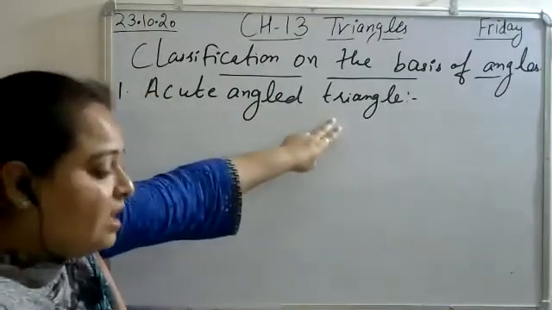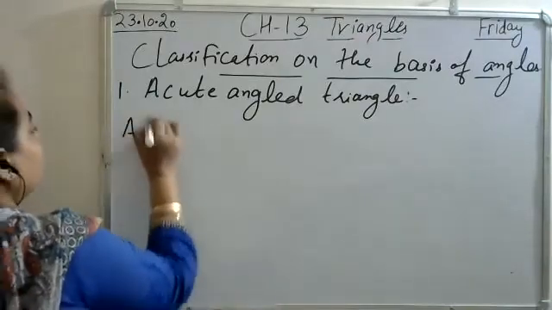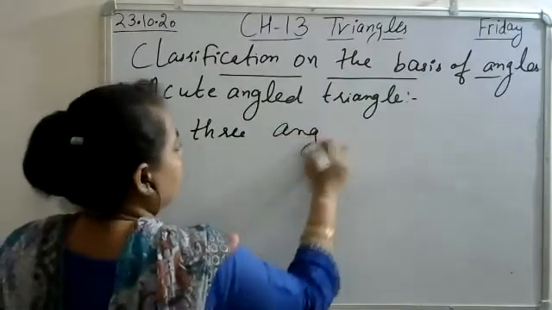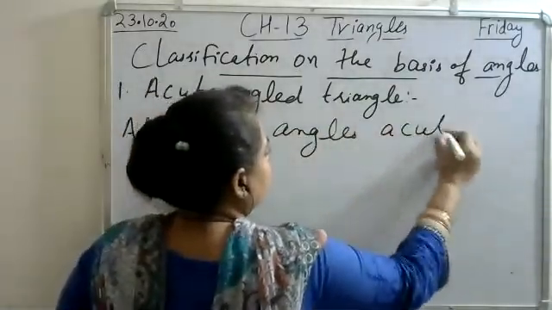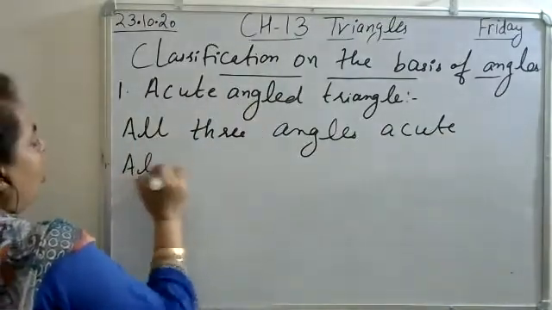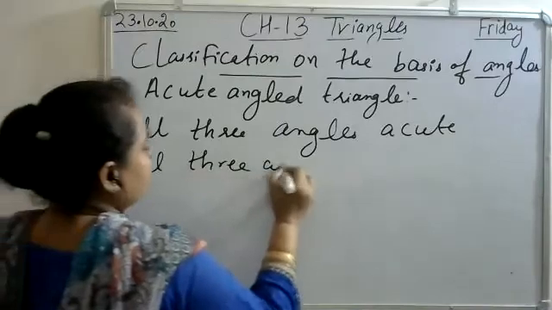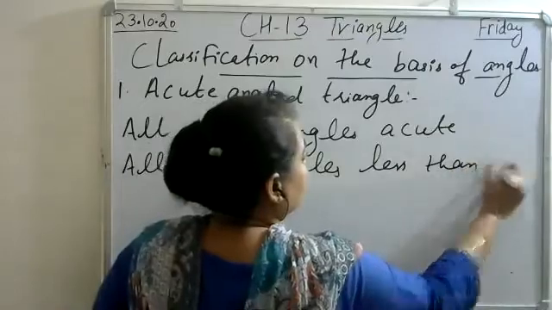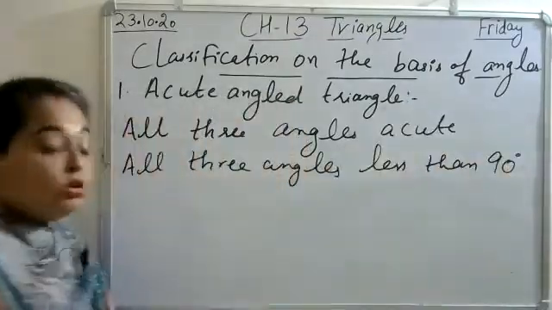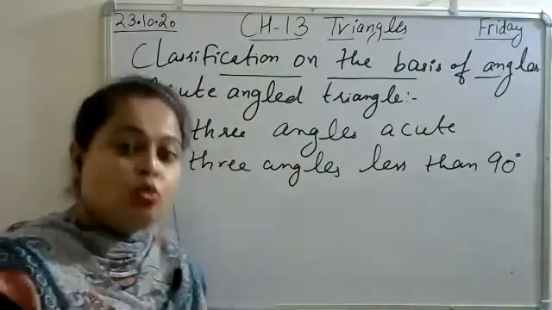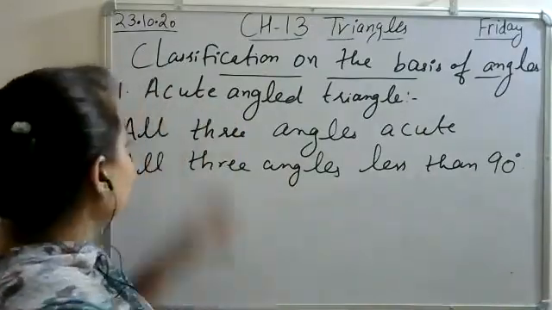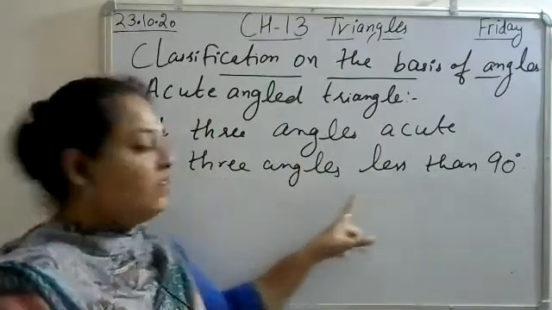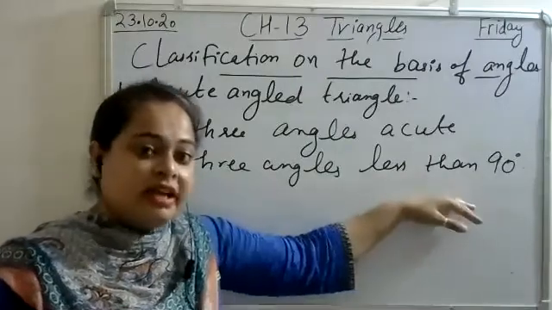So in this triangle, all three angles are acute. It means all three angles are less than 90 degree. As the acute word means less than 90, an acute angled triangle is a triangle in which all the angles are less than 90 degree.